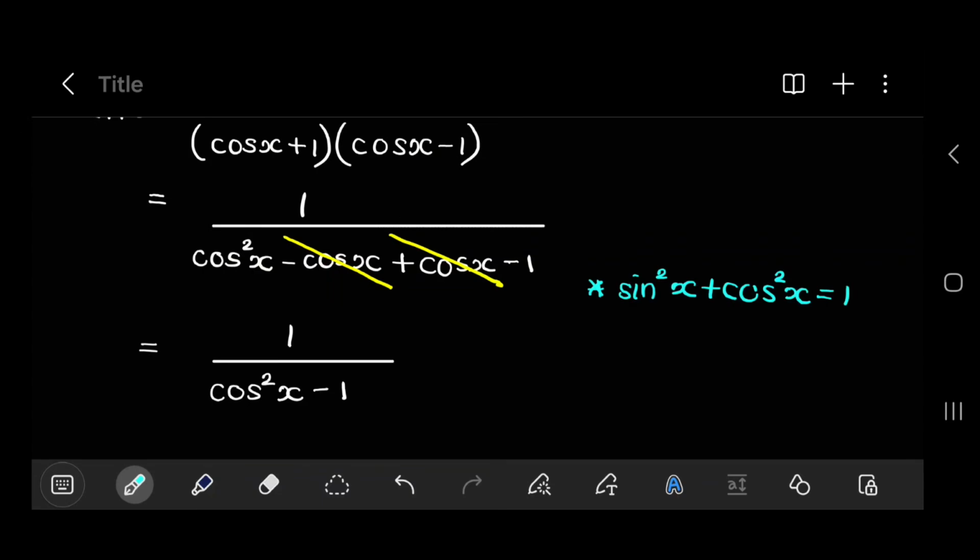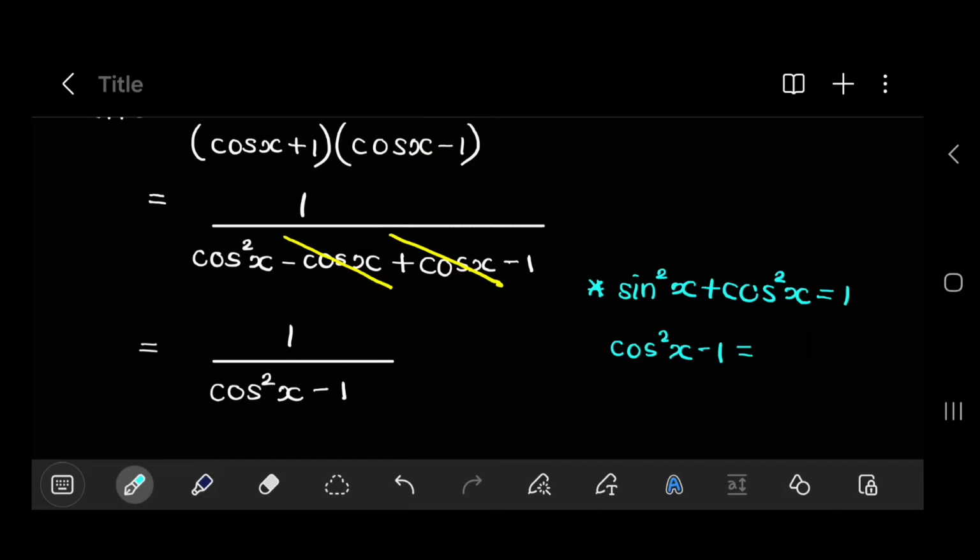So remember your identity, sin squared x plus cos squared x equals 1. This identity can be manipulated and very often is attested in the manipulated way. So manipulating this, we have to think, how can we get cos squared x minus 1? Now that can be achieved easily if we keep the cos squared x on the left hand side and we take this 1 over to the left, so it becomes negative 1.